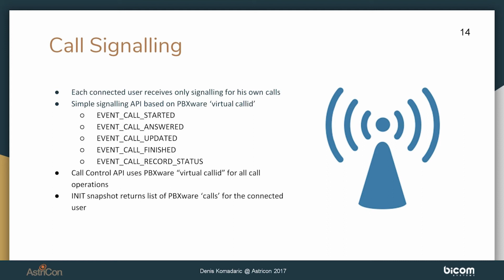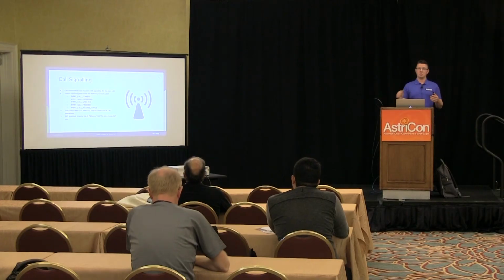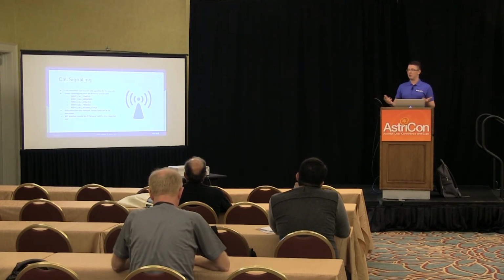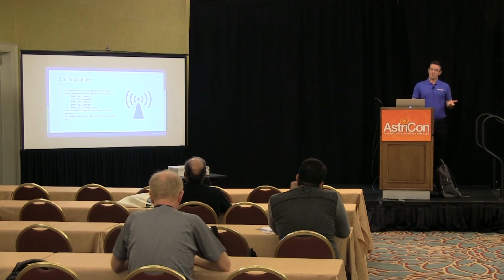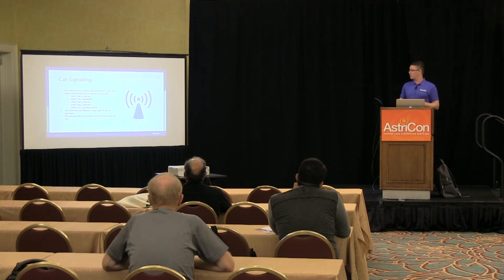Simple as this: call started, answered, updated, finished, or if the call recording of that call changed. I wanted to make sure that end user apps always know if the call is being recorded, not just on their side. Maybe somebody joins into the conference who has the call recording option on, so all other participants will actually be informed of that.